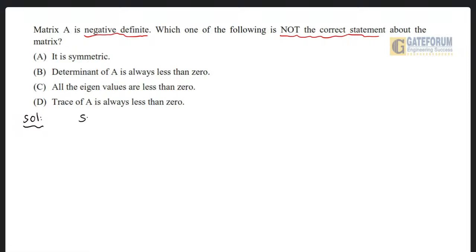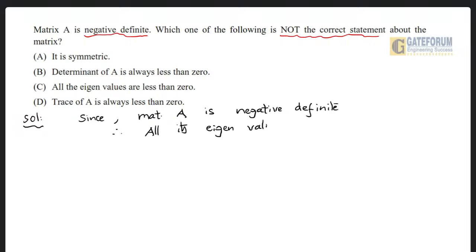Since matrix A is negative definite, therefore all its eigenvalues, that is all the eigenvalues of matrix A, are less than 0, that is negative. Less than 0. Okay.